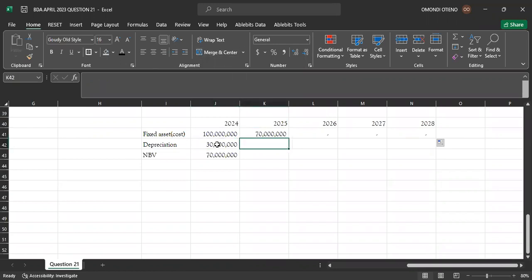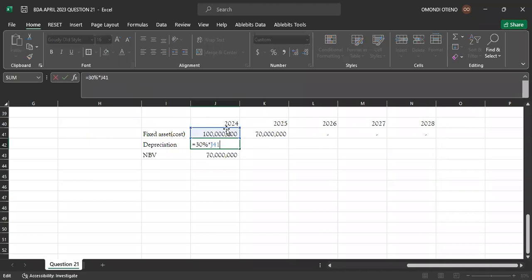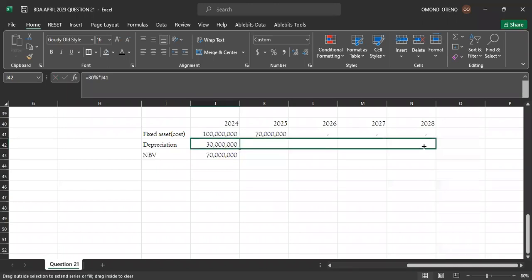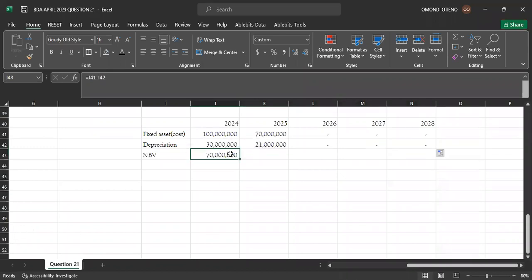So for 2025, I will come to my depreciation in 2024. I've already inserted the formula. It is 30% of the cost for that particular year. If that formula is already inserted, why can't I just autofill to the very last point? Then I also know very well that net book value is equivalent to cost minus depreciation.